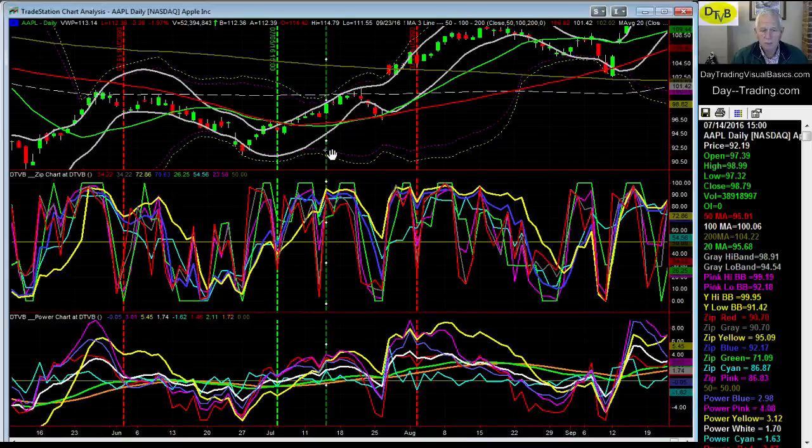If I move this one over, the high and low of that day is 97.32 as a low and 98.99 as a high. So it's up about $1.70 in that day, and it also gapped up, as you can see.